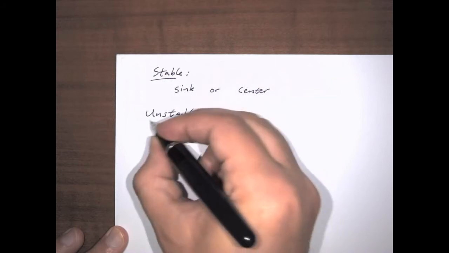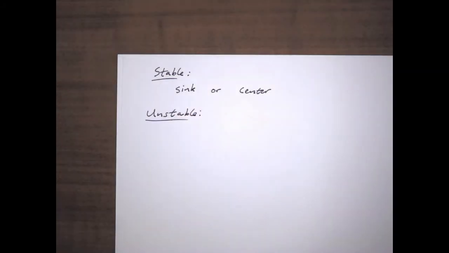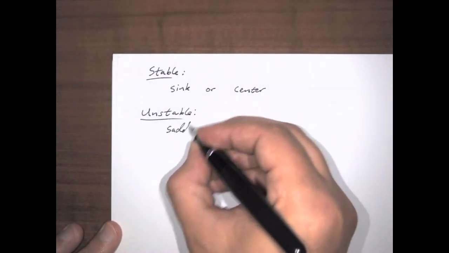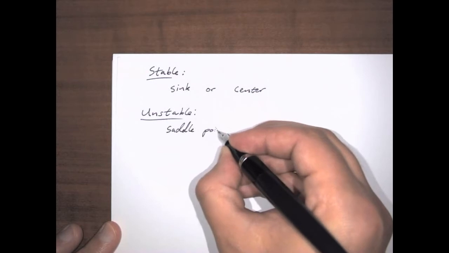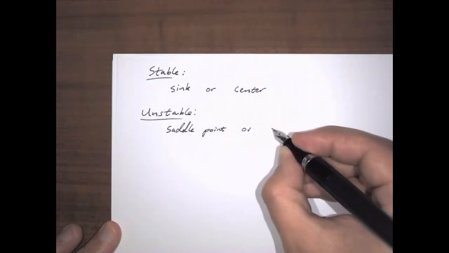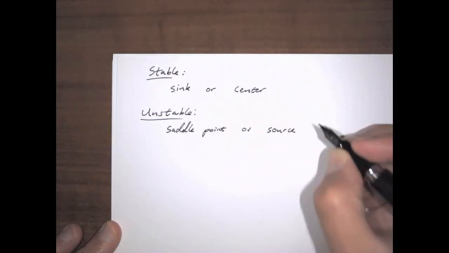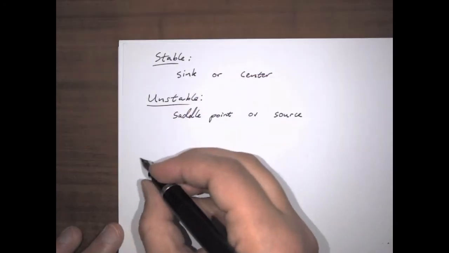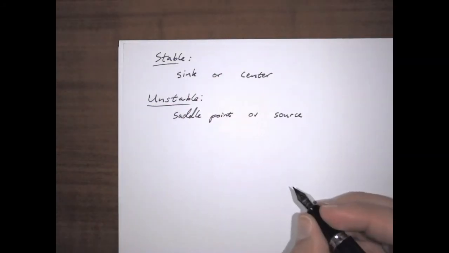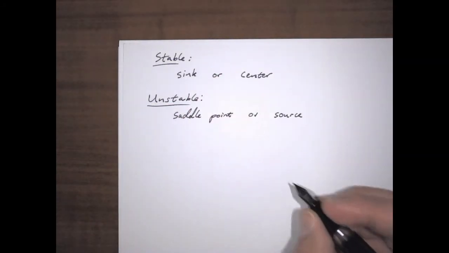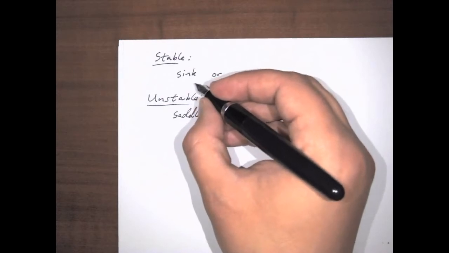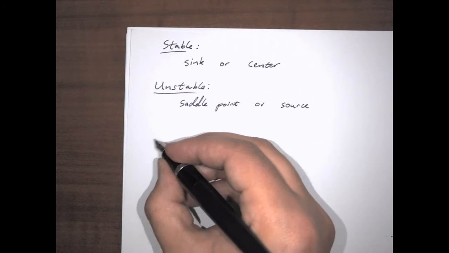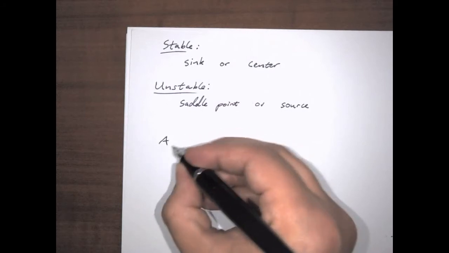And an unstable critical point or an unstable equilibrium refers to a saddle point or a source. And by sink and source, I'm including spiral or nodal, or otherwise. So we have stable and unstable points, and then there is asymptotically stable.